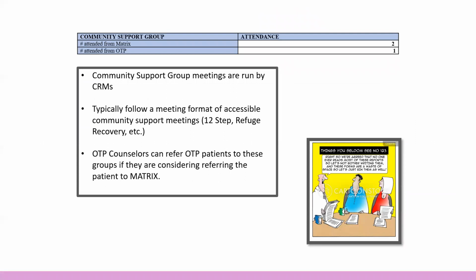Community support groups offered in the Matrix program are run by Certified Recovery Mentors, or CRMs, and are provided to introduce Matrix clients to the format and structure of support group meetings they may attend out in the community.